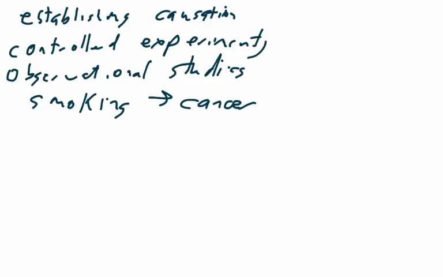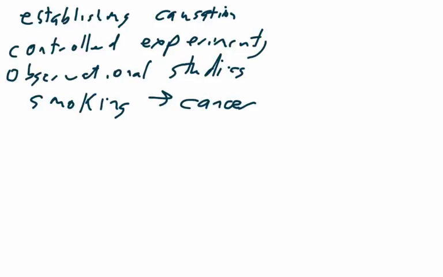However, a lot of people in the nicotine business wanted to say that it doesn't, and we couldn't do a controlled experiment because forcing people to smoke is not something that we do. So there were several things that we needed in order to prove that smoking causes cancer.